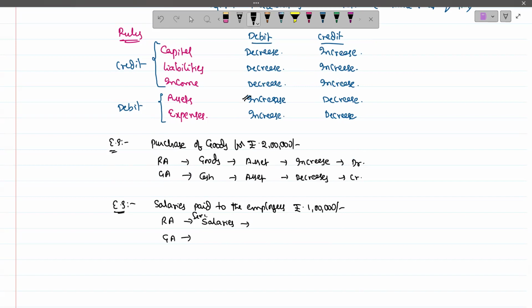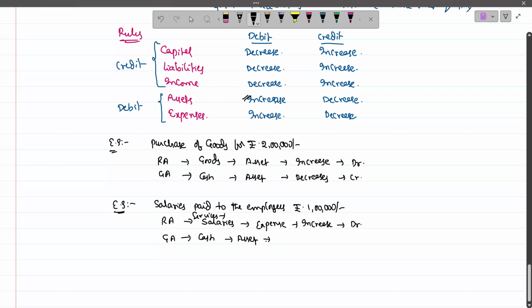Salaries are an expense. As we are paying the salary, expenses increase. So increase in expenses is debited. And the giving aspect is cash. Cash is an asset. As we are paying the cash, our cash balance decreases, so the asset decreases. So that is a credit.